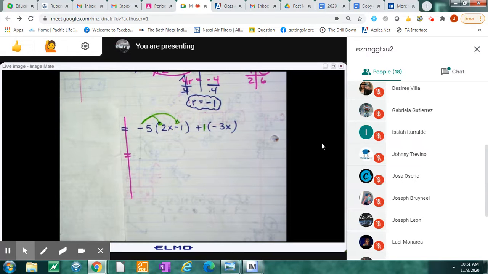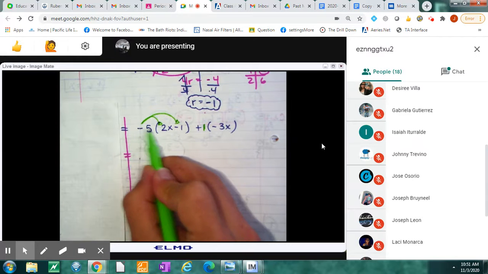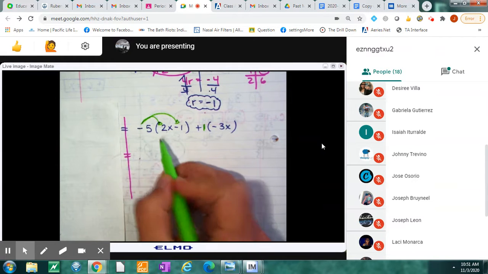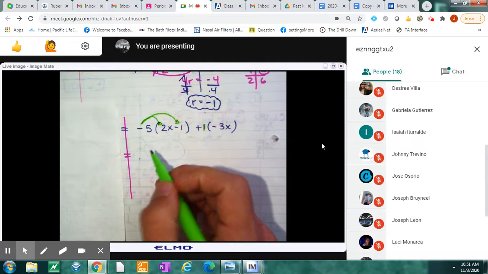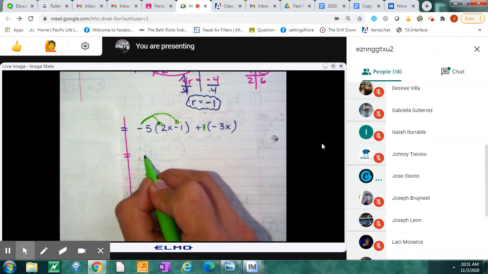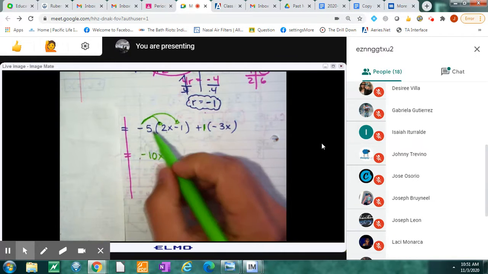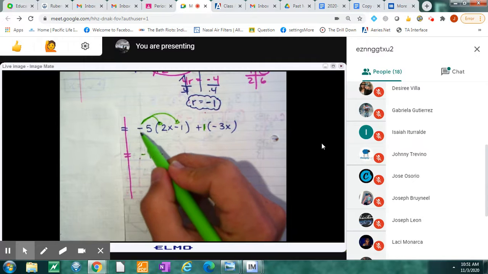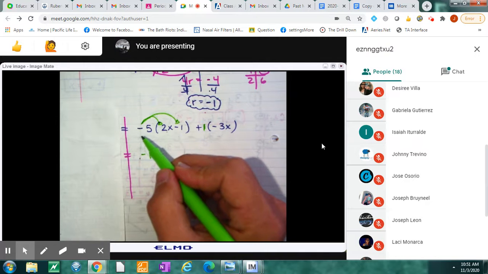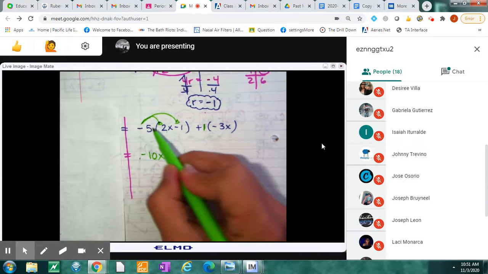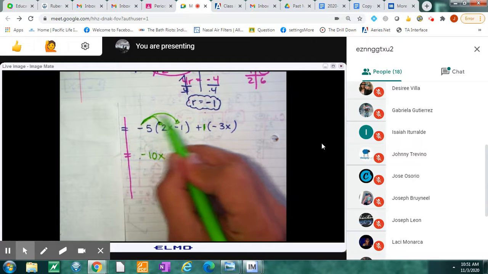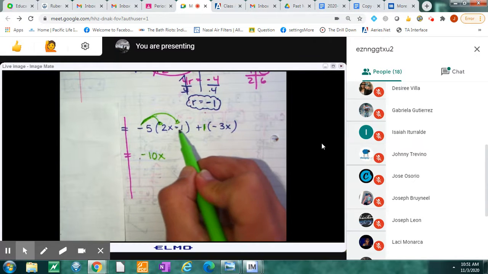Cool. So Jose Osorio, what's the first one? Negative 5 times the 2x. What do we get there? Very good. Good job. Joseph Leon, what about the second arrow? Negative 5 times a negative 1.